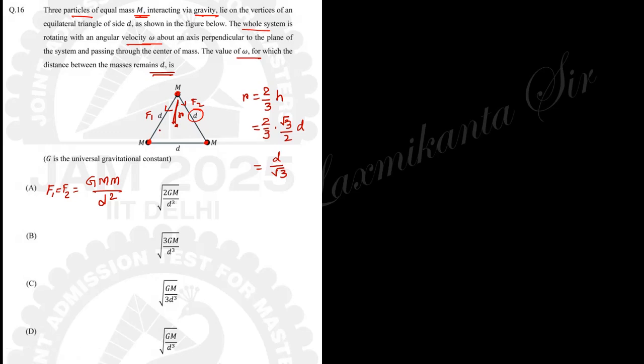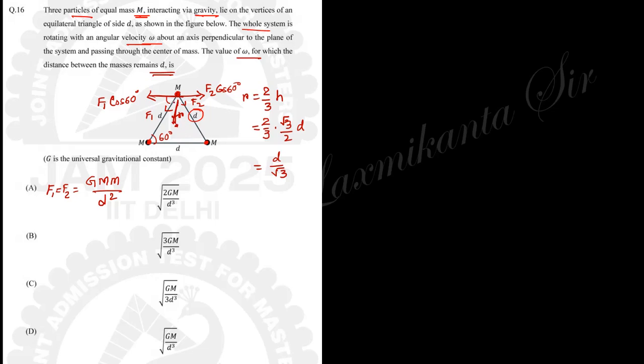As this is an equilateral triangle, this angle will be 60 degree, this is also 60 degree. So if you take components, this gives you F1 cos 60 degree, and along that direction F1 sin 60 degree. Similarly for F2, cos 60 degree, and along that direction F2 sin 60 degree.